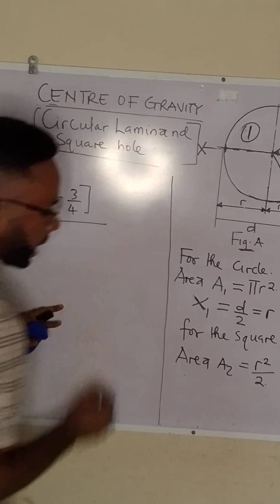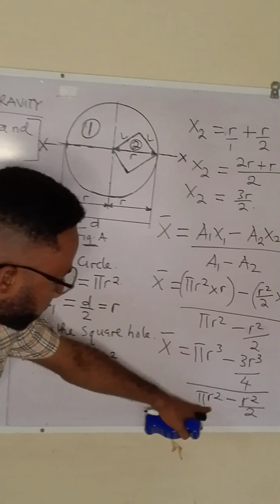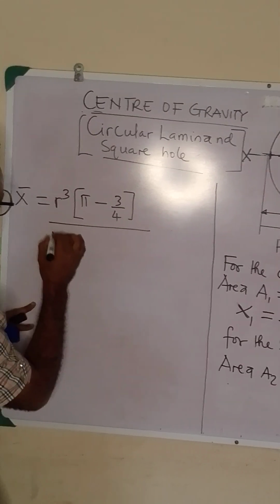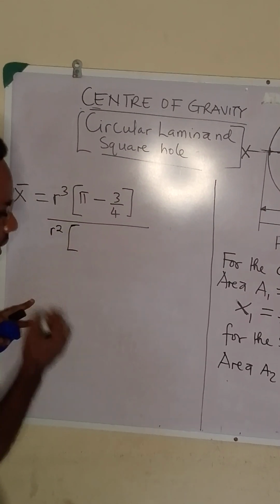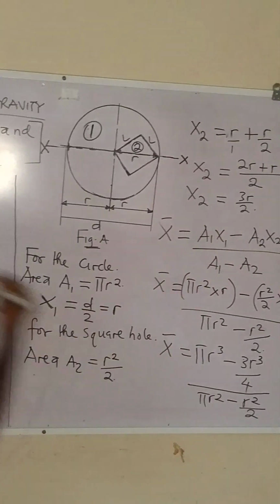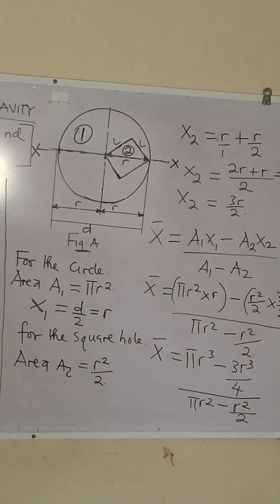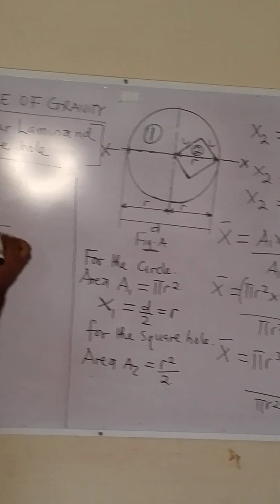We divide by, we also have r squared here and r squared here, so we can take it out. So we have r squared into pi minus 1 over 2.